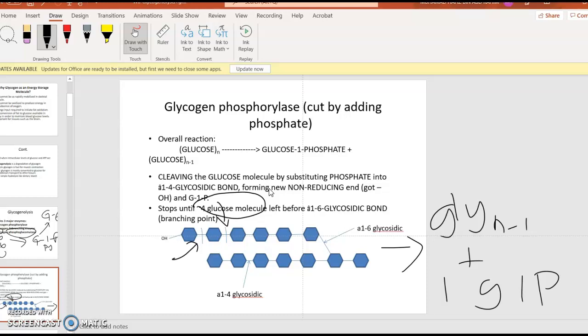So what happens is basically it will cut all these glucose until it reaches the branch point, 1, 2, 3, 4 glucose molecules, and it will stop. Then the second enzyme will come in.